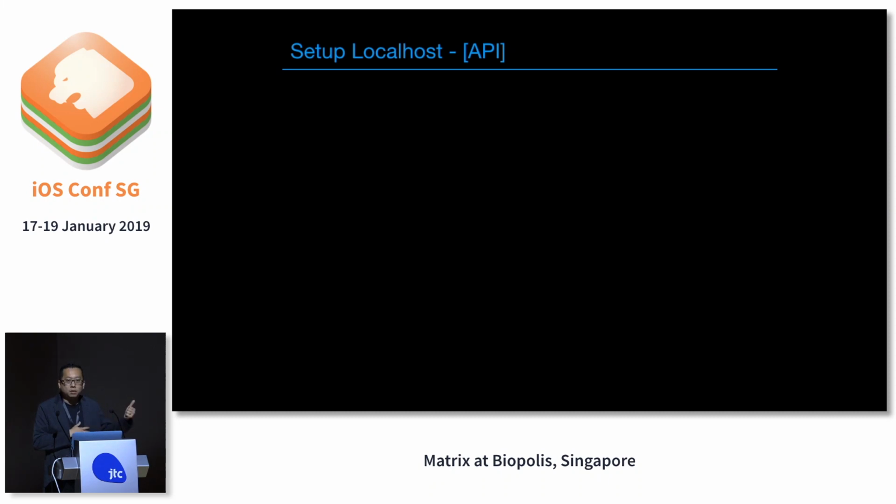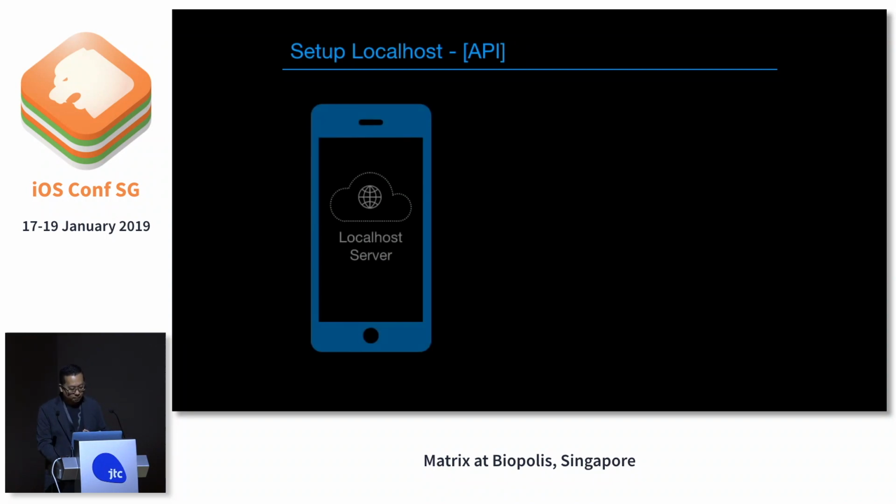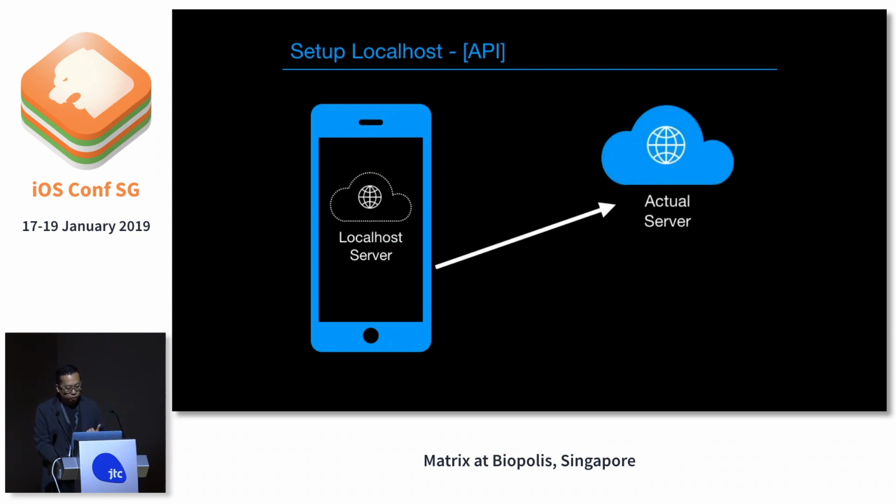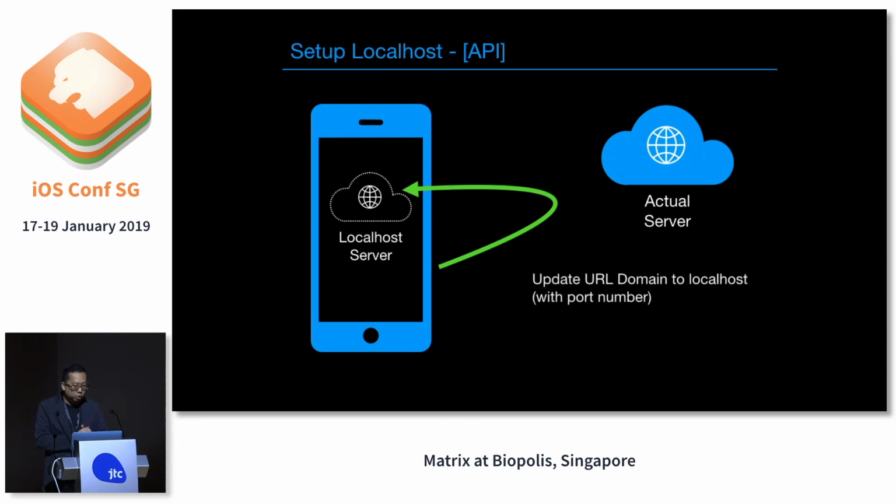So after L, the next letter in our setup flow is the letter A, and A stands for API. So here we are going to redirect all our outgoing API calls to hit the localhost server. Here we need to update our URL domain to localhost assigned with the port number.